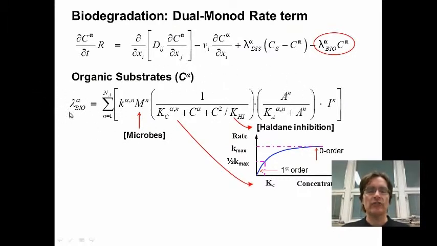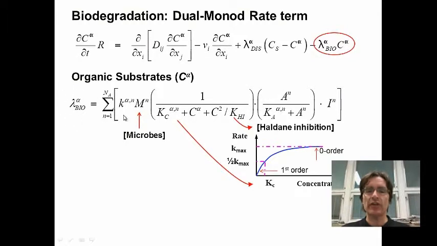So our lambda for our biodegradation term will be a function in general of each electron acceptor. So we have a sum over each electron acceptor because each component can actually be degraded possibly by several electron acceptors.